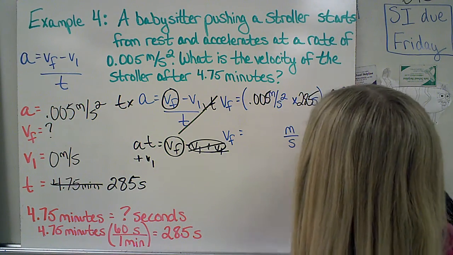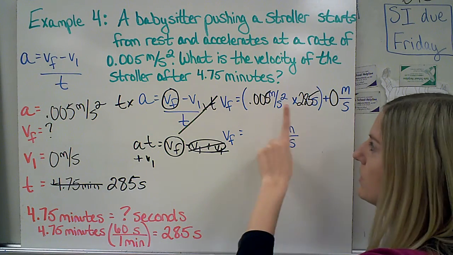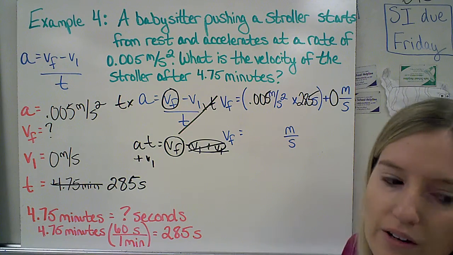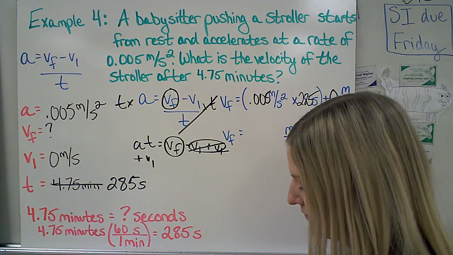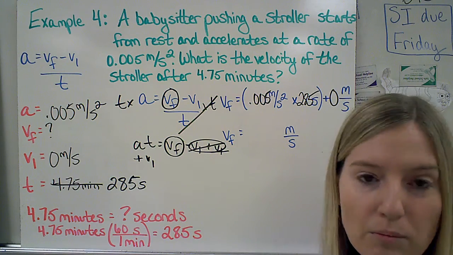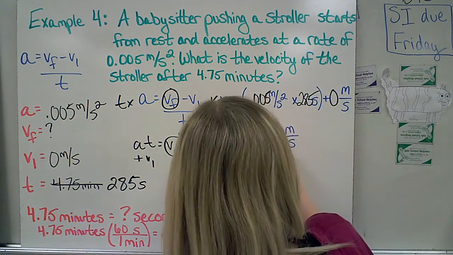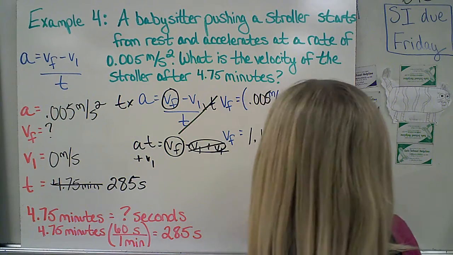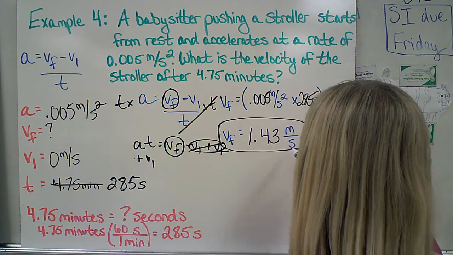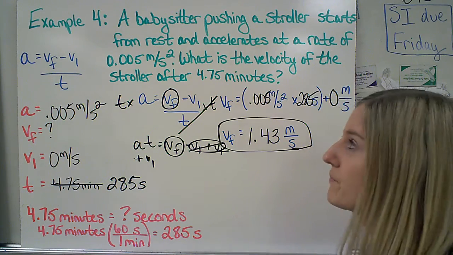So plus 0 meters per second. So I have 0.005 times 285 plus 0. So I grab my calculator to give me 1.425. So I'm going to round that to 1.43 meters per second. And that's my final answer.